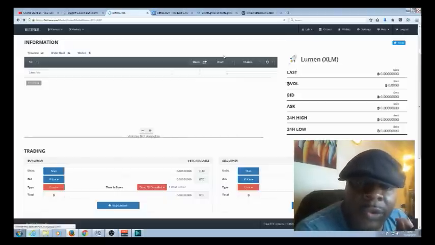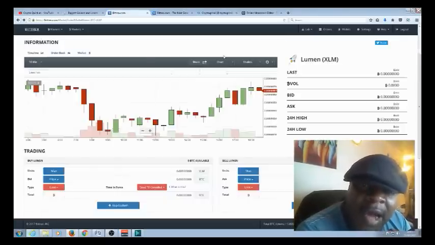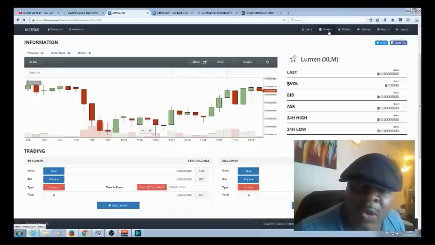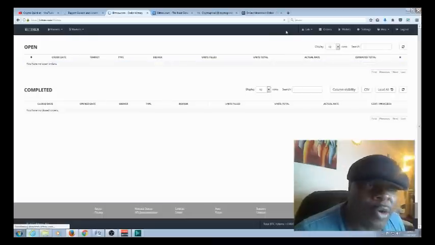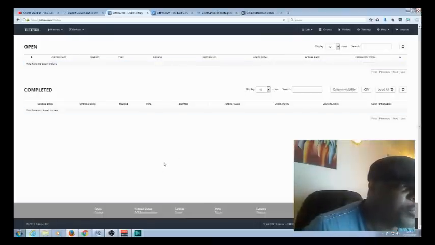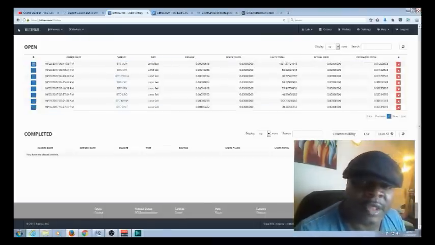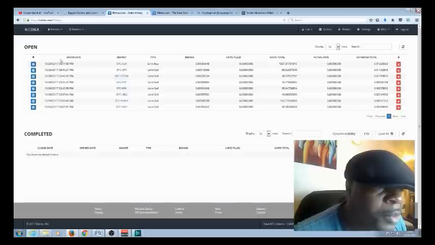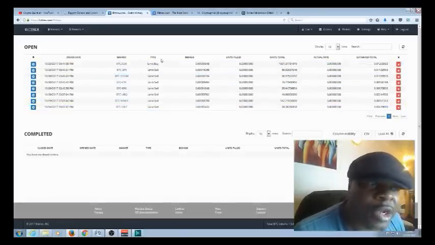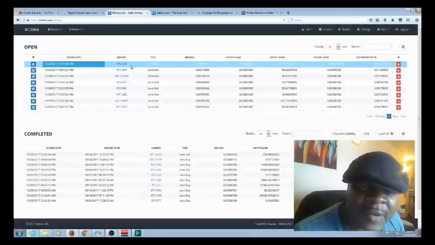Okay, so now that process has completed. If we now go into the orders, you would see that it is now placed as an order waiting to be filled. So in the order section, you have the open orders. These are the orders I have open at the moment that are yet to be fulfilled, and this is the trade that we've just carried out.